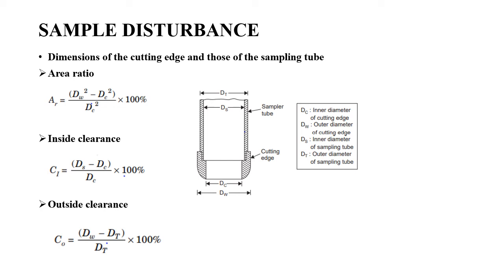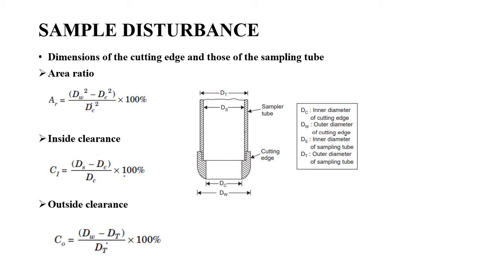So once you are driving into the ground, the soil sample should enter the sampler tube experiencing very low amount of friction from the sides of the sampler tube, as well as there should be an easy expansion of the soil sample while entering into the sampler tube.